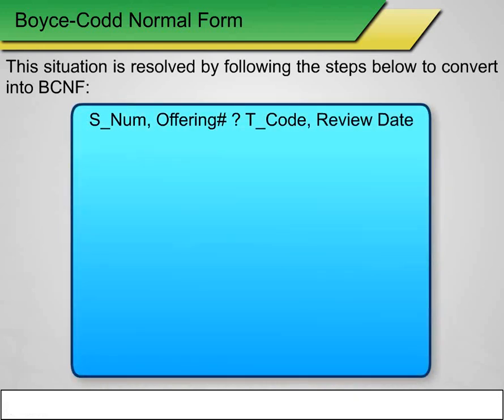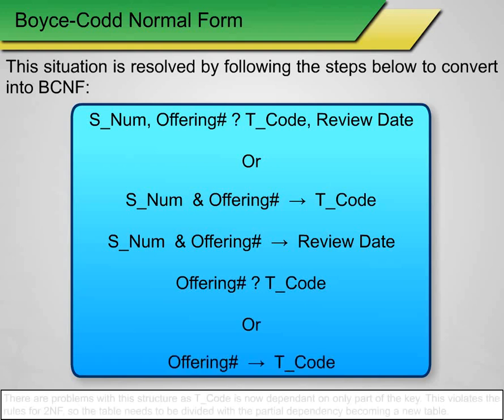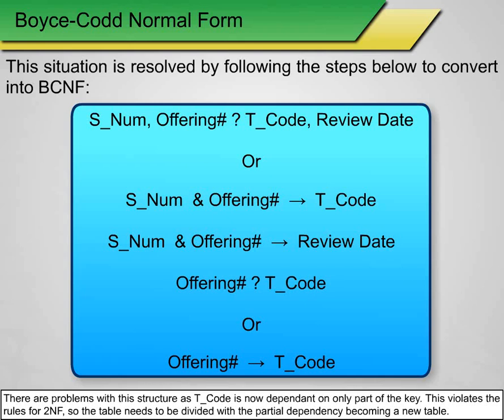SNUM, offering, T-code, review date; SNUM and offering implies T-code, SNUM and offering implies review date; offering, T-code; offering implies T-code. There are problems with the structure as T-code is now dependent only on part of the key. This violates the rules for 2NF, so the table needs to be divided, with the partial dependency becoming a new table.